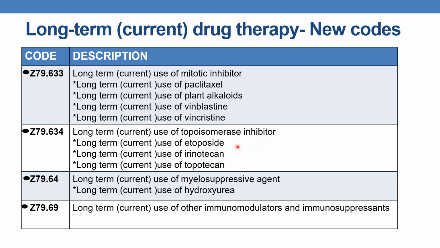For example, etoposide, irinotecan, and topotecan. The code is Z79.634. The next is Z79.64, long-term current use of myelosuppressive agent, for example, hydroxyurea. The next is Z79.69, long-term use of other immunomodulators and immunosuppressants. These are all new codes.